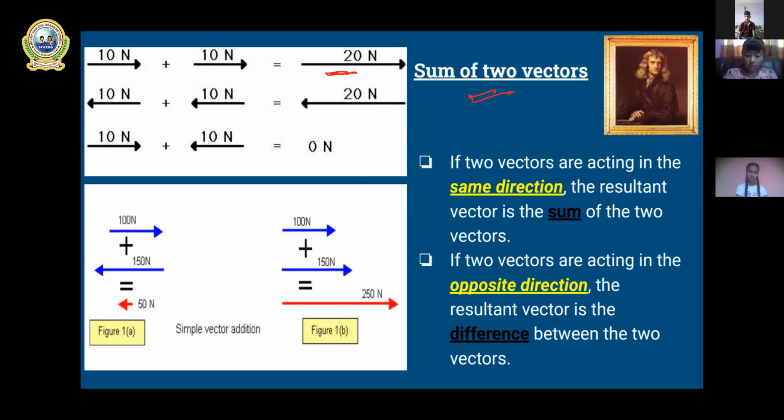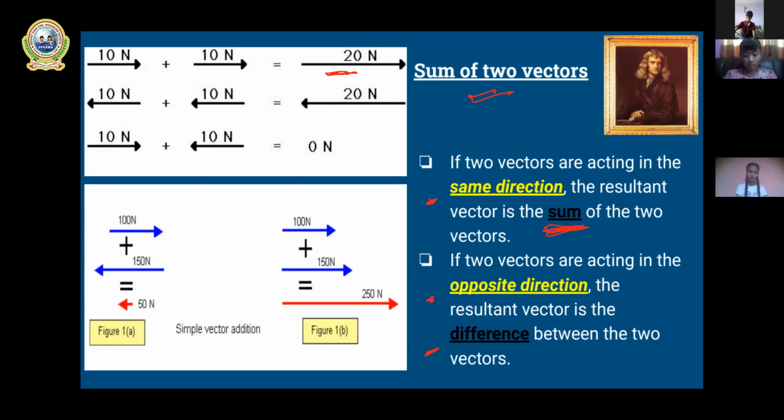But if we apply the vectors, or force as an example, in opposite directions, we get a lesser value. When we have vectors in the same direction, we get a sum, additions, and addition is always more. But when we have vectors in opposite directions, we get a difference, and the difference will be less.